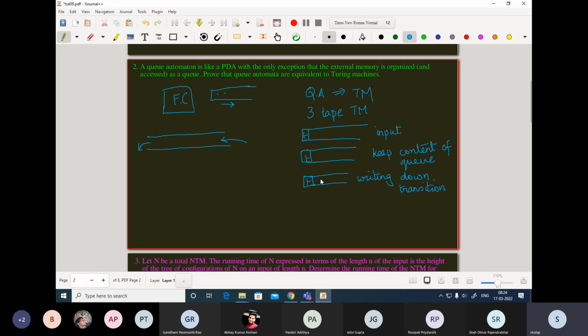And here you've written down some transition, let's say some Q A goes to P B. So now what will you do? How will you simulate this?